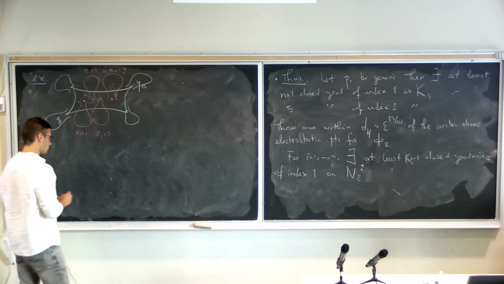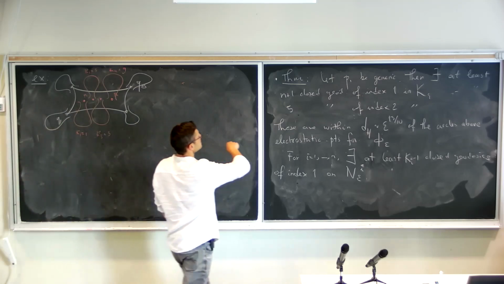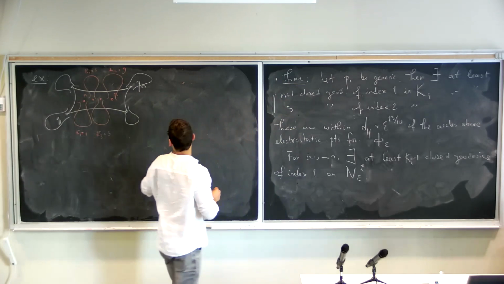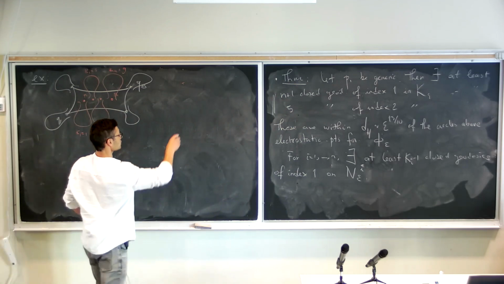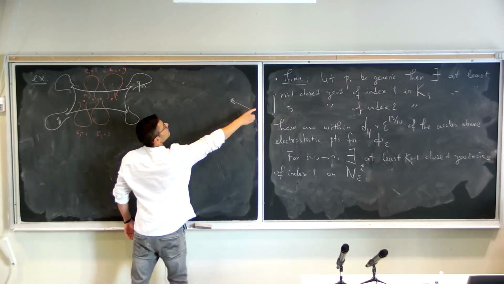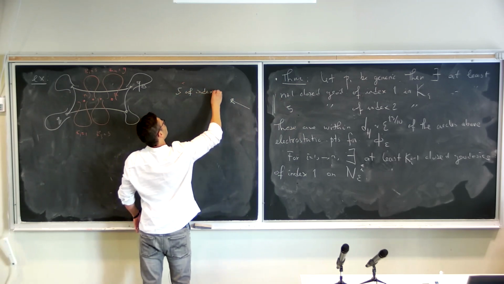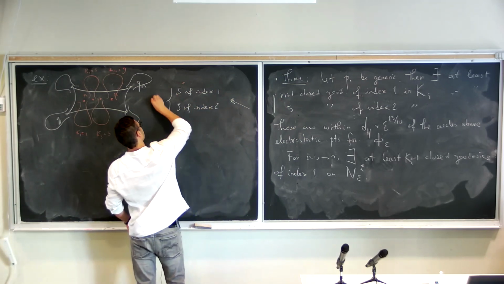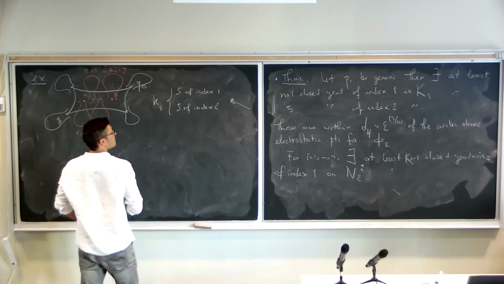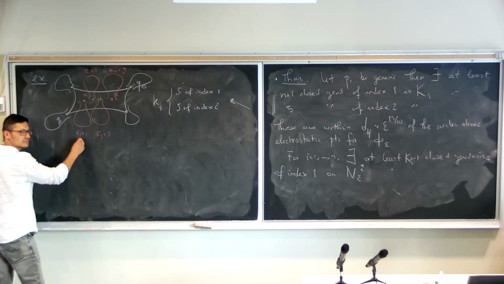And so let's count how many we get. According to this theorem, I'll get these estimates on the K epsilon region. So that's everywhere where you don't see a bubble. So according to the theorem, because n is equal to 4, we have 5 of index 1 and 5 of index 2. And this is in the K epsilon region. Then on these regions, here, I have only one charge. And with one charge, I cannot produce any geodesics.